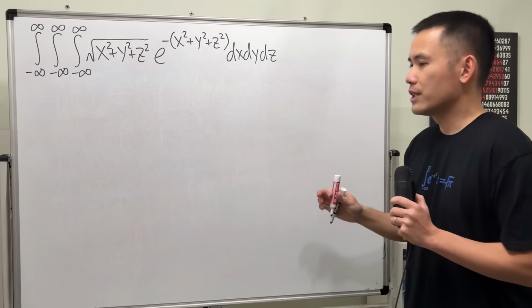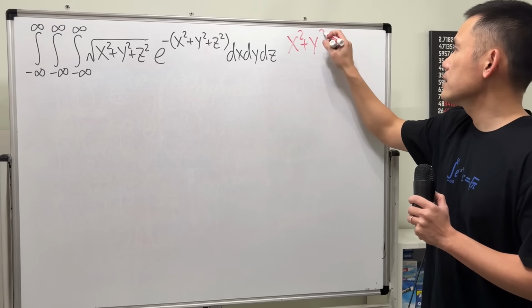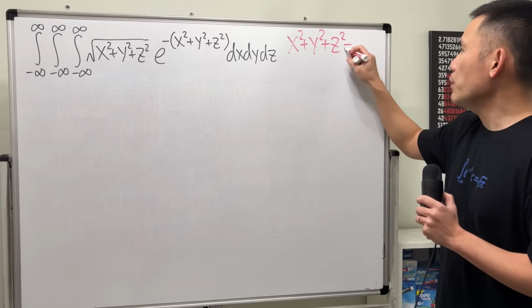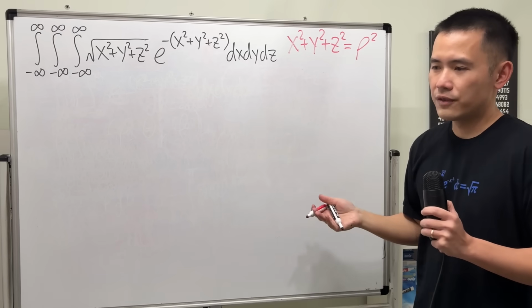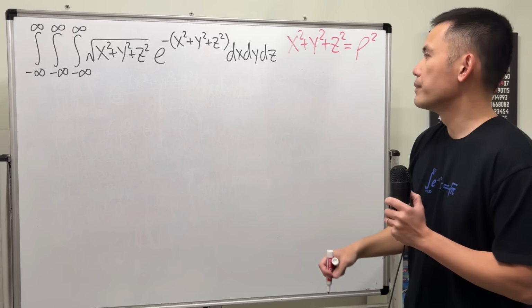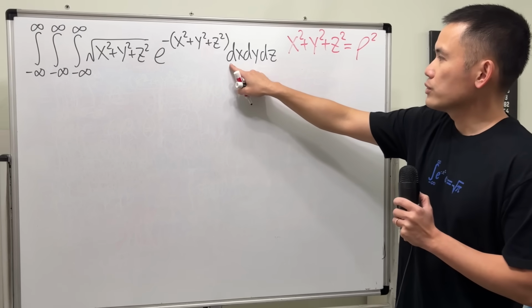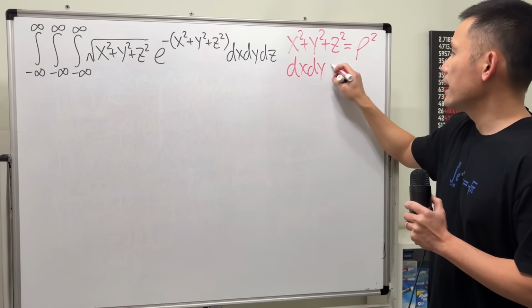So right now, I will just tell you guys the formulas that we need. When we have x squared plus y squared plus z squared, that will give us rho squared. And that's actually just directly from the Pythagorean theorem or the distance formula in 3D. And then next, we also have to know this right here. dx, dy, dz.